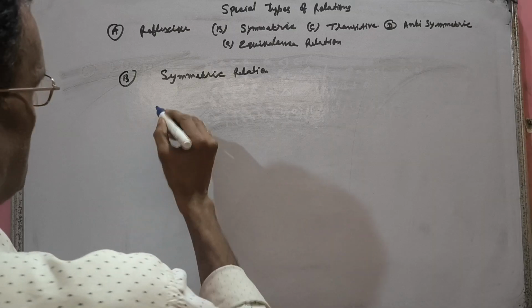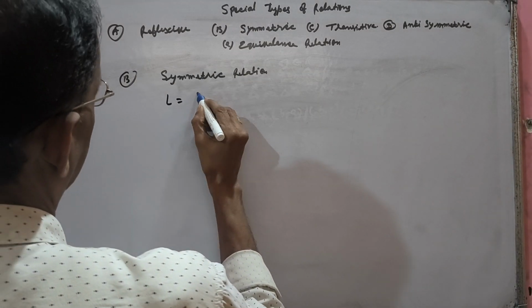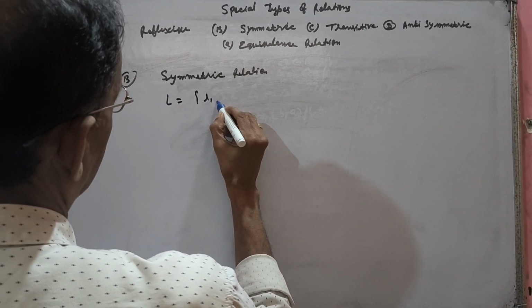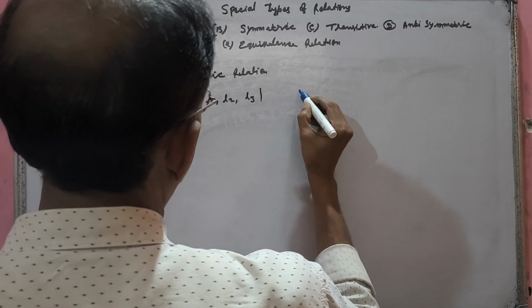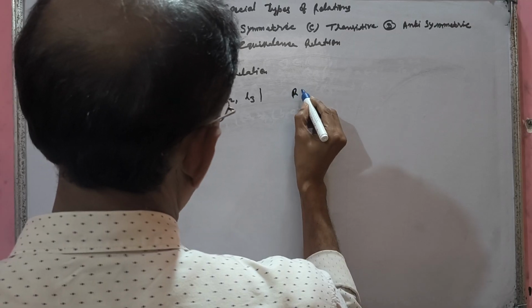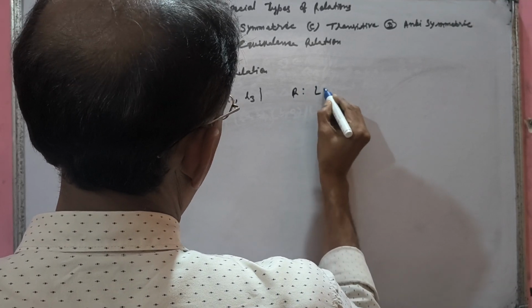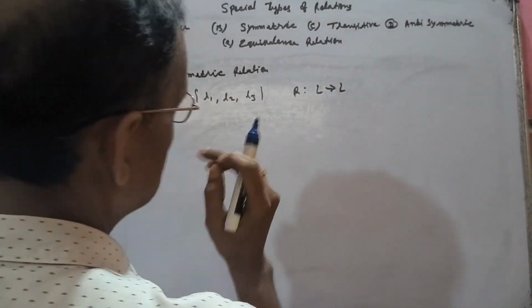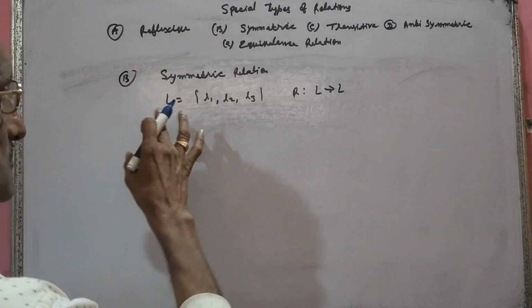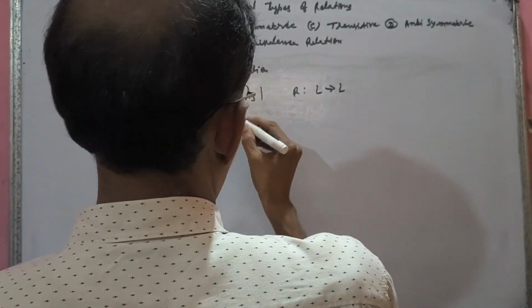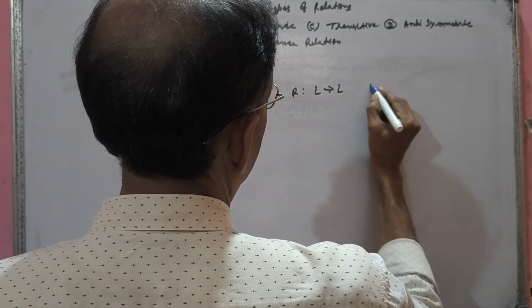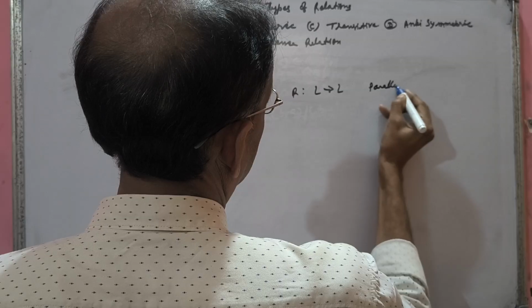Now see here. Suppose L is a set of lines, I mean the lines L1, L2, L3. And the relation R is a relation from L to L, defined as parallel.